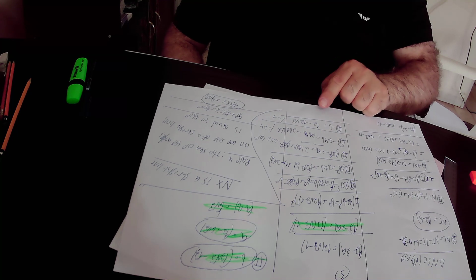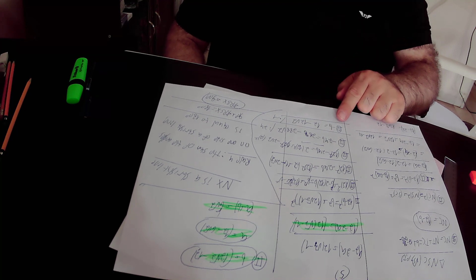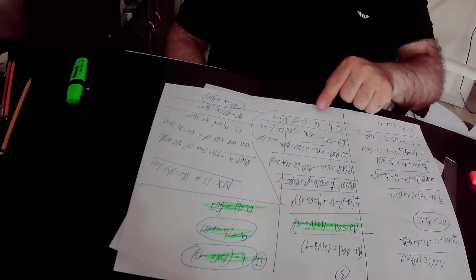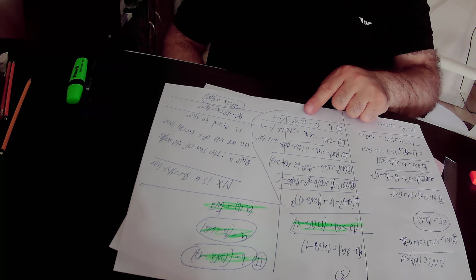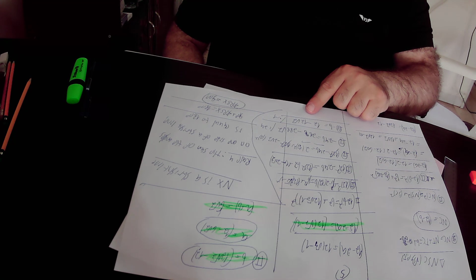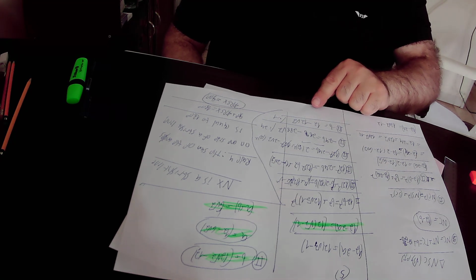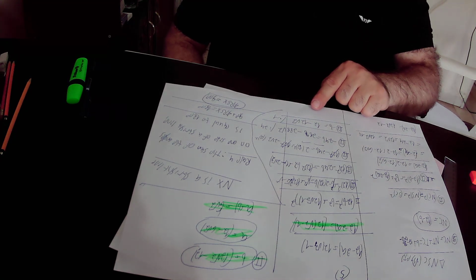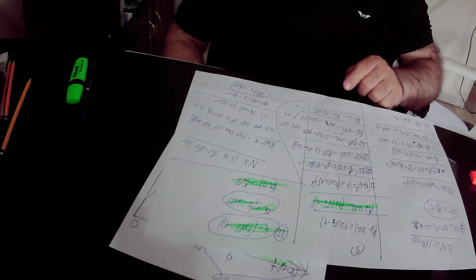We divided the equation by 24, and we got that minus B equals 12 minus 12 times square root of 2. We multiplied the equation by minus 1, and we got that B equals 12 times square root of 2 minus 12.